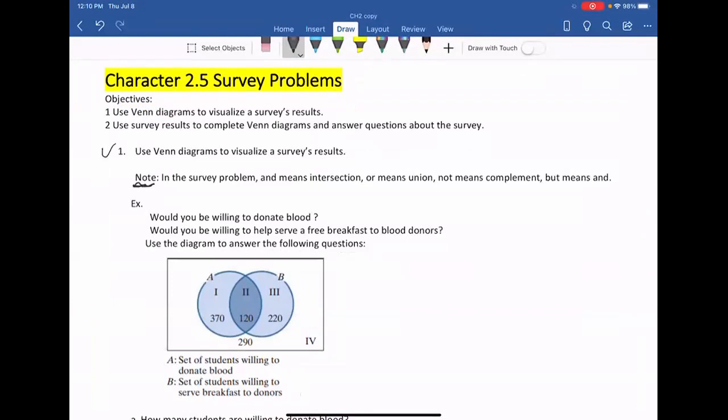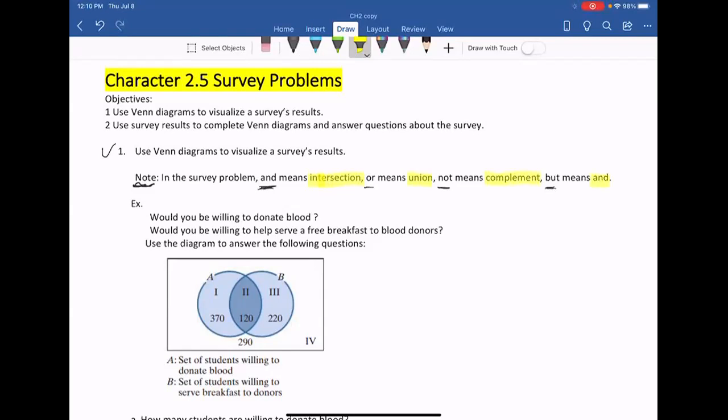In a survey, or when you answer the question in the assignment, you will see some words like and, or, not, and but. So we should understand the meaning of these. In survey problems, and usually means intersection, or means union, not means complement, but means and.